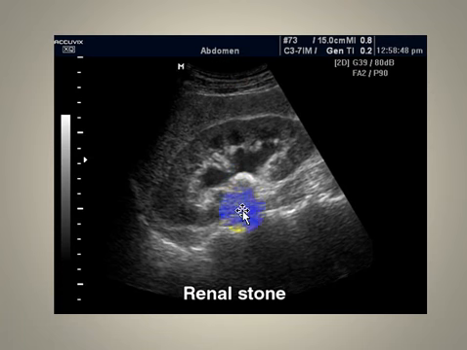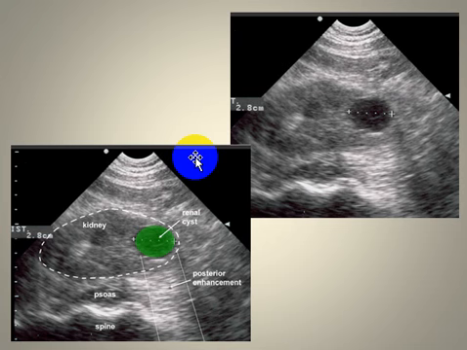Here, this is a stone in the renal pelvis or pelviureteric junction causing hydronephrosis, mild to moderate hydronephrosis, and you see good renal cortex.